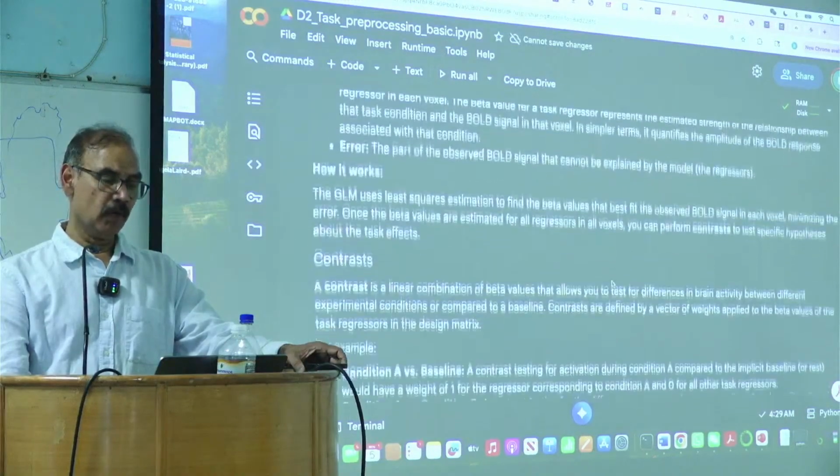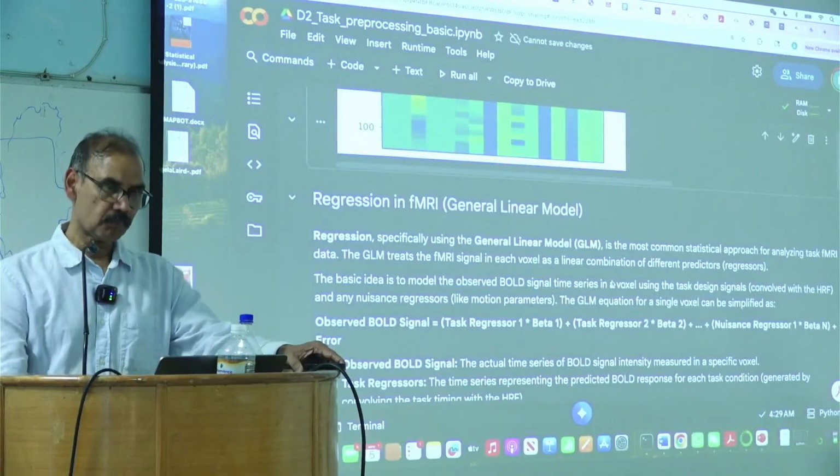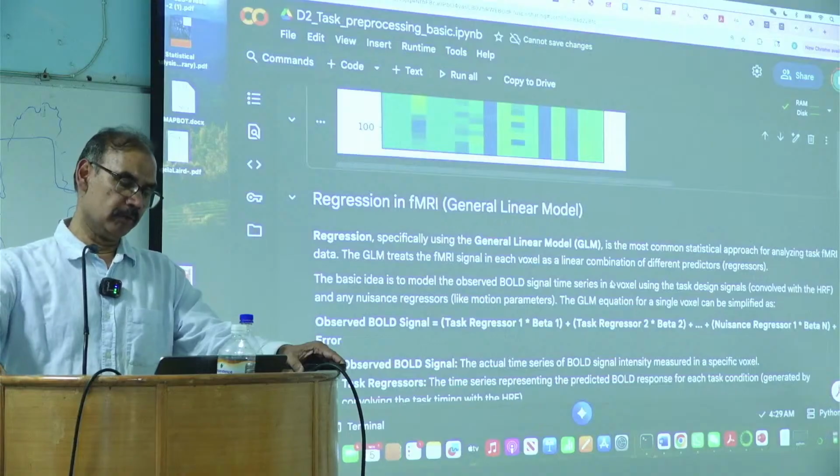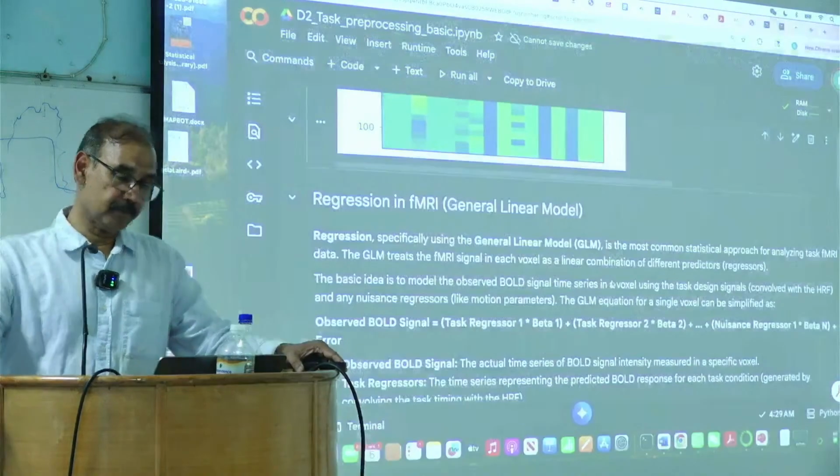As I had mentioned, in regression you have y equal to alpha x plus epsilon, which represents the error.